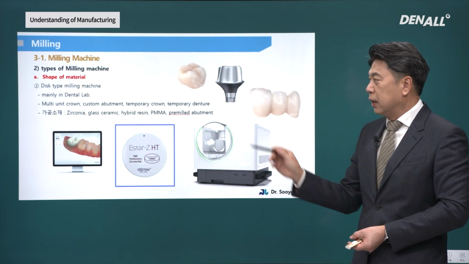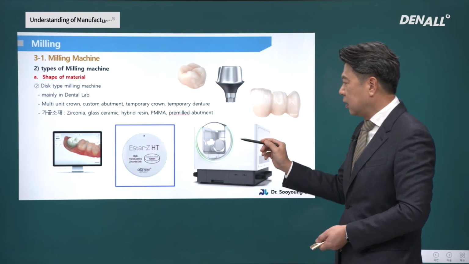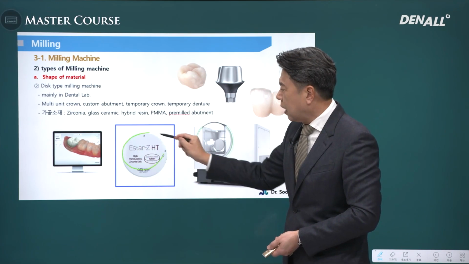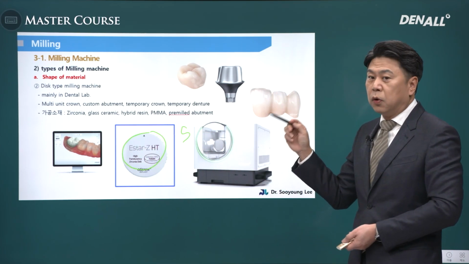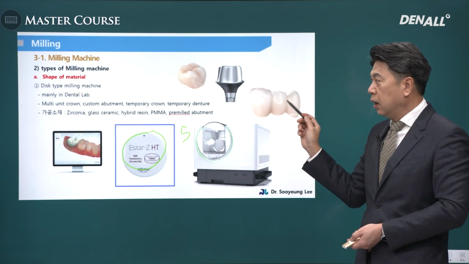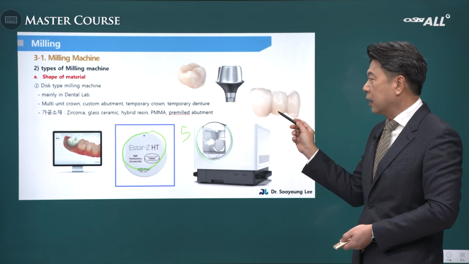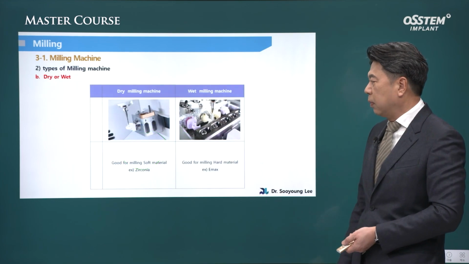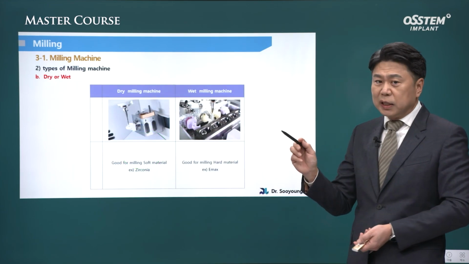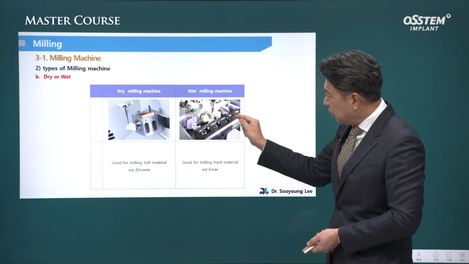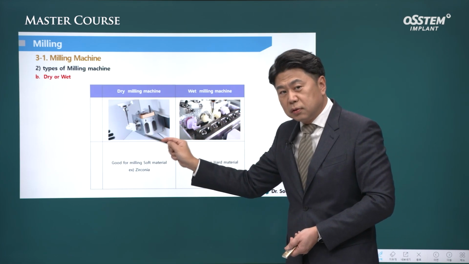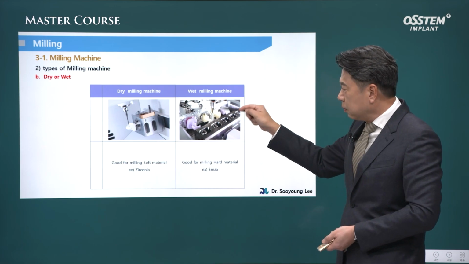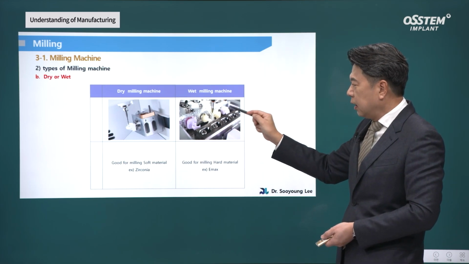When discs are used, the 5-axis milling machine is used. This is used often to mill final restorations with zirconia or temporaries with PMMA. Dry or wet types. Here, water is sprayed, and there's no water here, so this is the dry type. And when water is sprayed on, it is a wet machine.